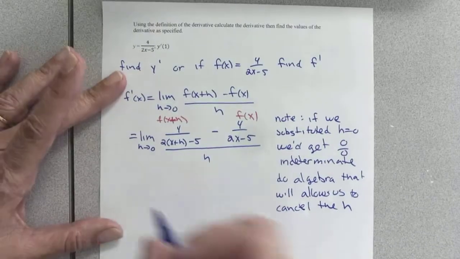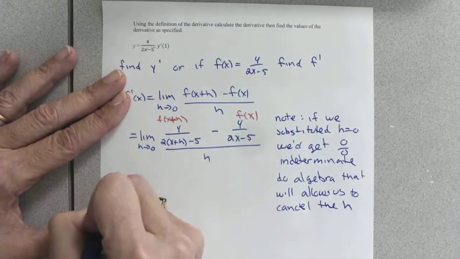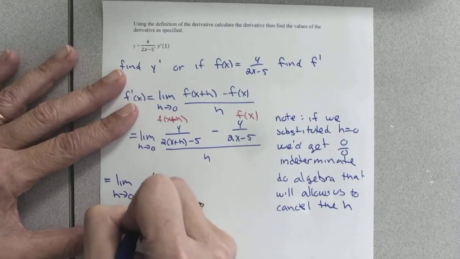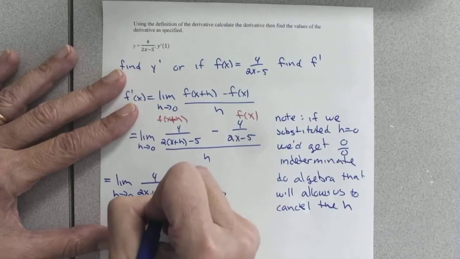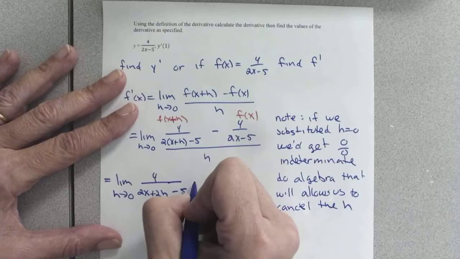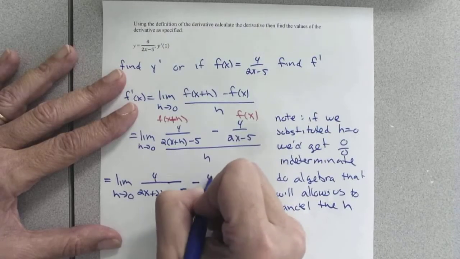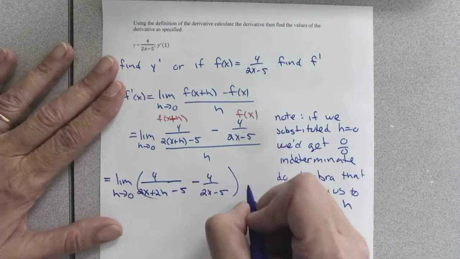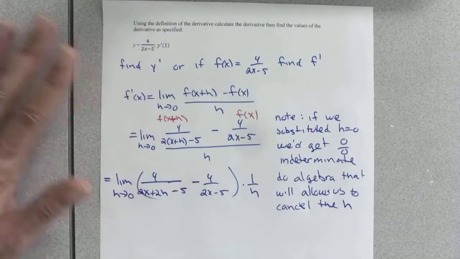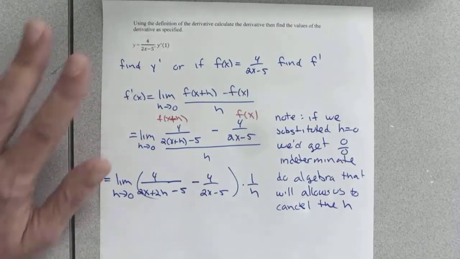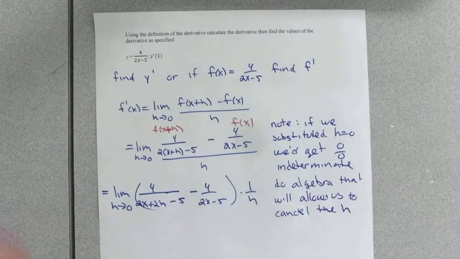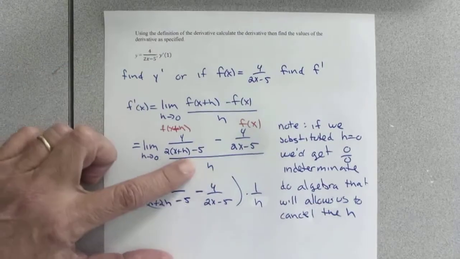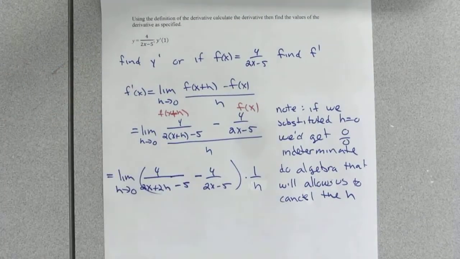So the first thing we're going to do here is get rid of that awkward over h. And I'll do a little simple multiplying along the way. That awkward over h, I'm just going to bring it off to the side as times 1 over h. Because over h really just means divided by h.